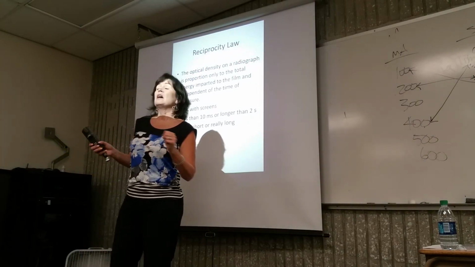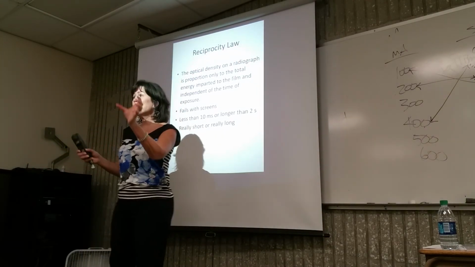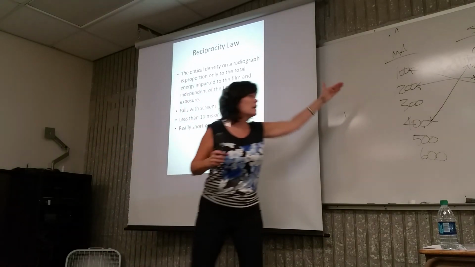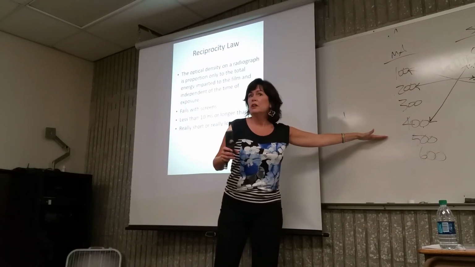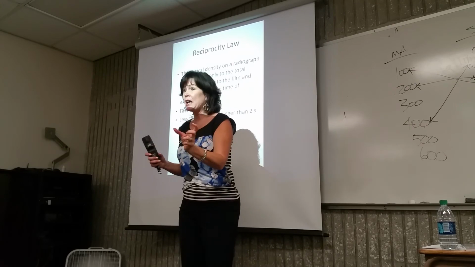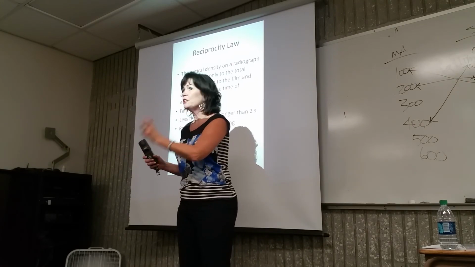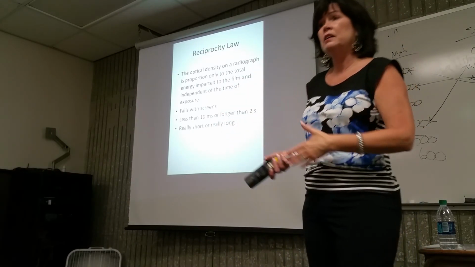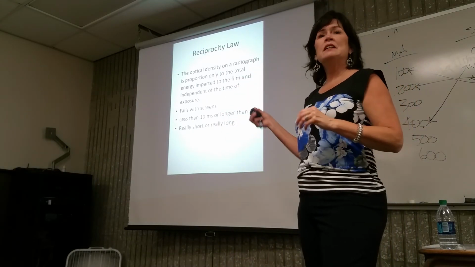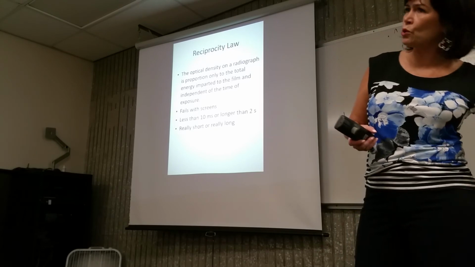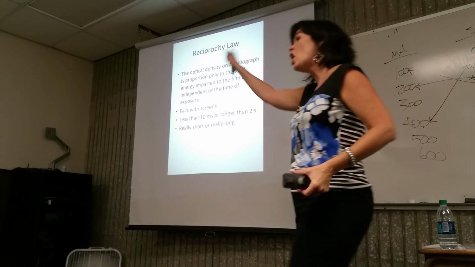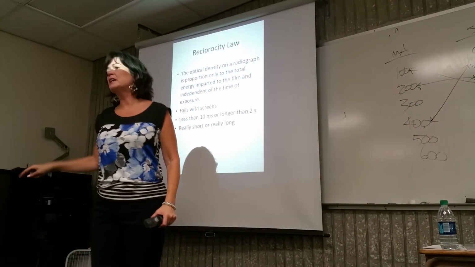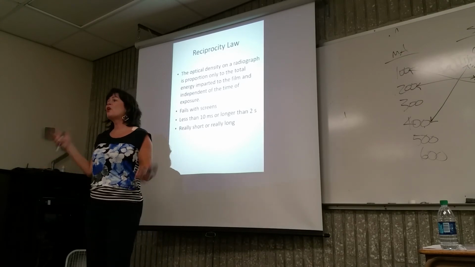So you would think 10 mAs, no matter what combination I used here, then the number would be the same for all of them, correct? The expectation is that the number would be pretty close to the same thing, okay? The reciprocity law states that at very short exposure times or very long exposure times, a second, 2 seconds, 3 seconds, that reciprocity law fails.